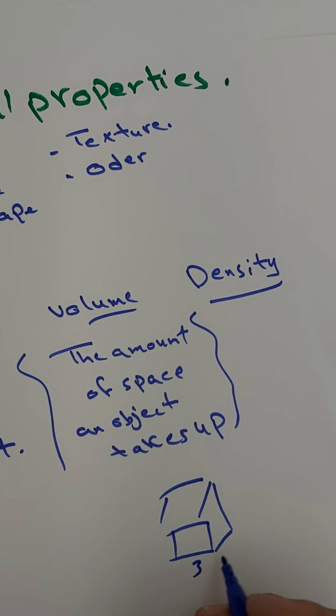Definite shape means it has its own shape. All solids have their own shapes. And the volume also. So they have definite shape and definite volume.